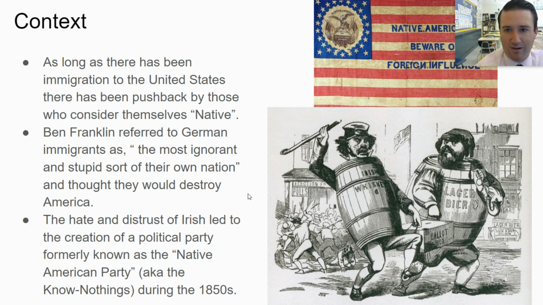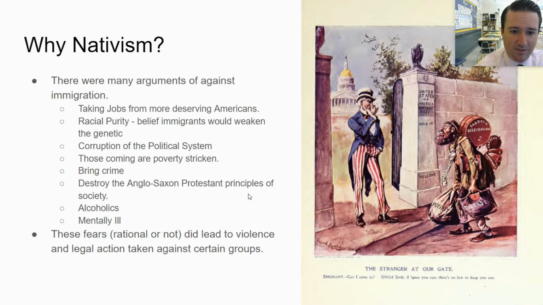It's not an uncommon stereotype used for these groups. It's not necessarily true, but because alcohol was a growing problem in the country, a lot of people blamed the influx of immigrants as the reason for that.